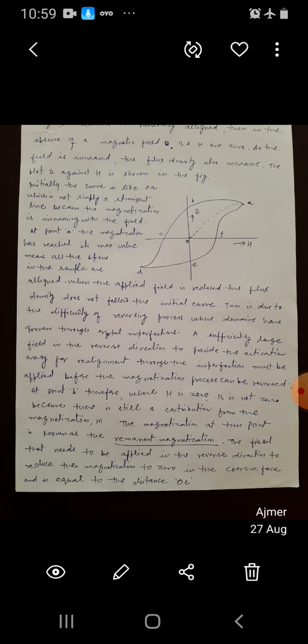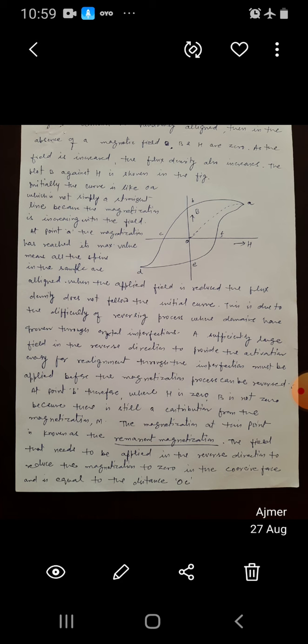We can understand it in this manner: during the increasing of the magnetic field, since crystal imperfections are in the crystal, the domains are not exactly realigned when the magnetic field is reversed.